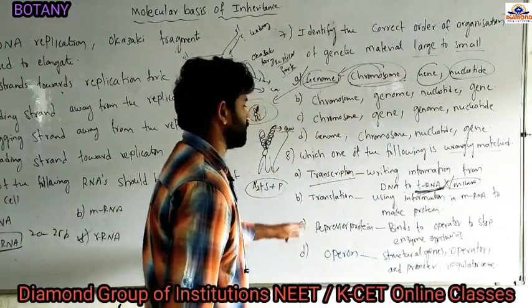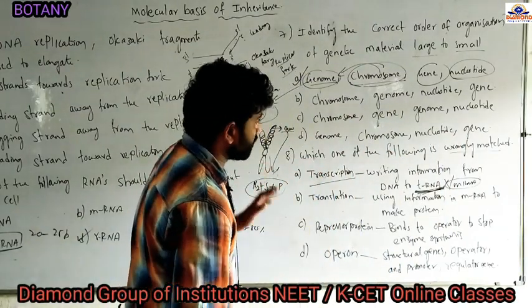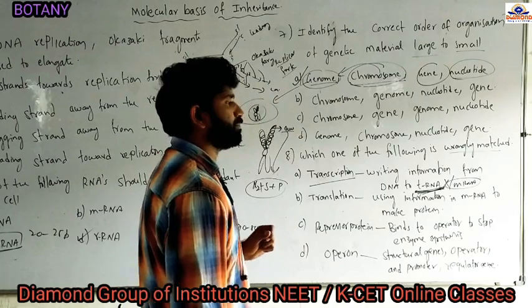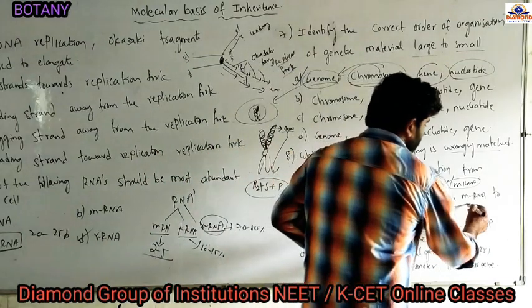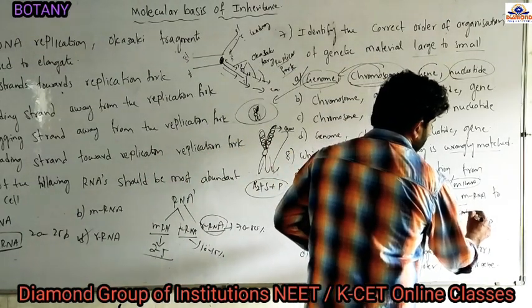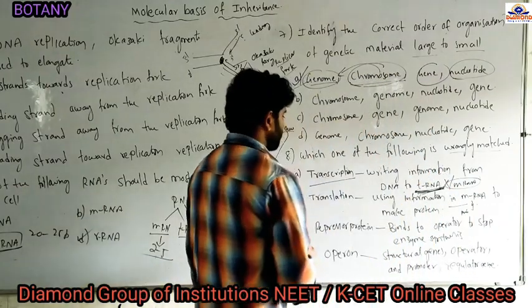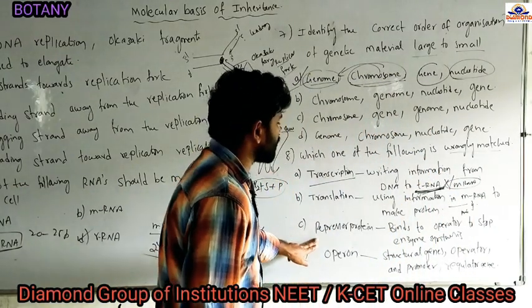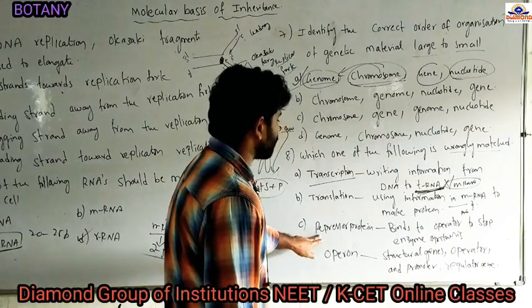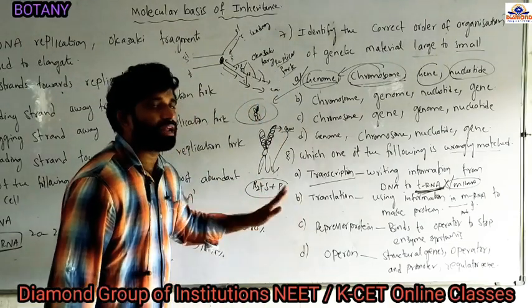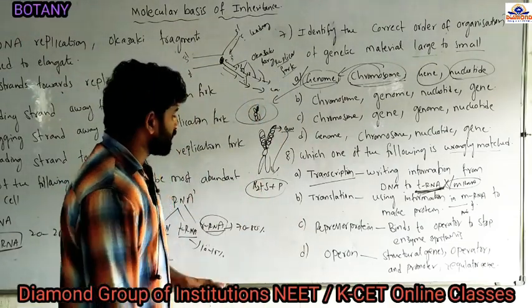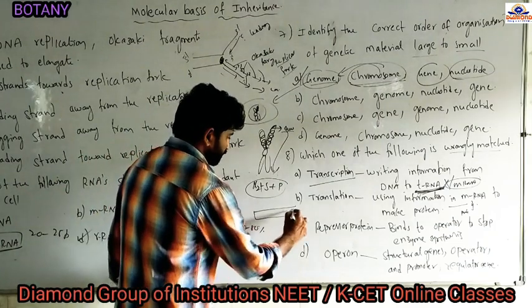And translation, using information in mRNA to make protein. Yes, from the mRNA to the synthesis of protein we call the translation mechanism. Option D is correct. And repressor protein, we see in the lac operon concept.